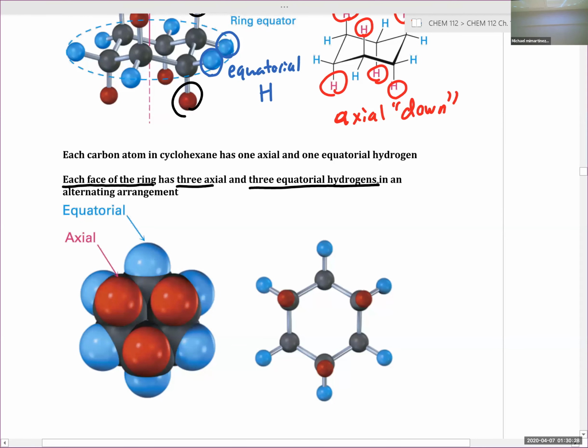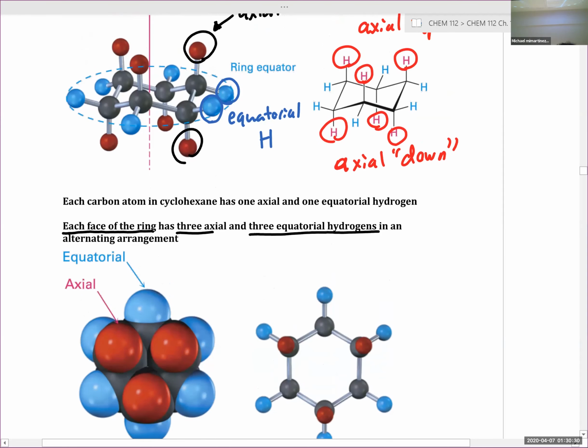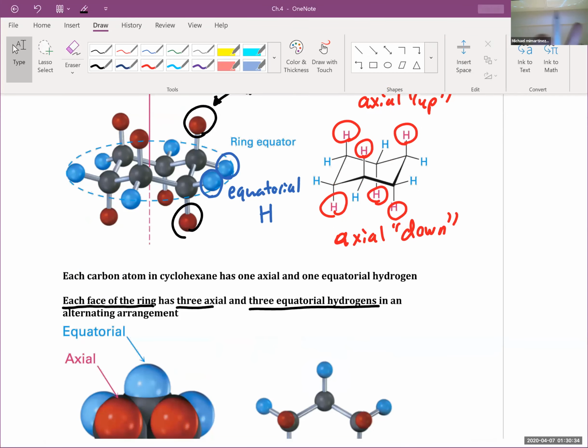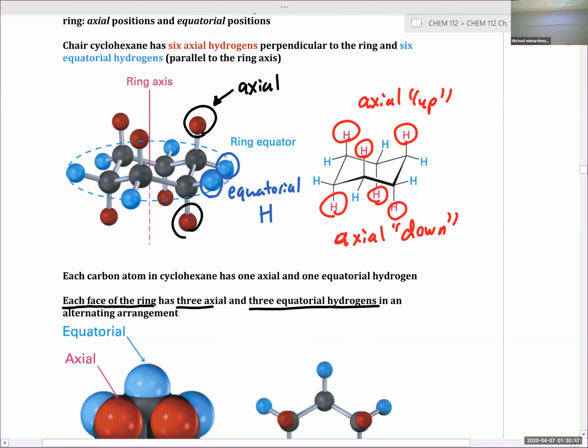So what do I mean by that? Let's take a look at our equatorial hydrogens for a moment. Just like our axial hydrogens, we have 1, 2, 3 that are equatorial, pointing down, and 1, 2, 3.